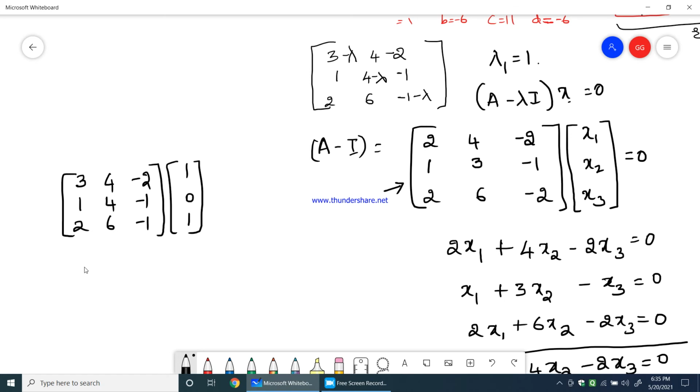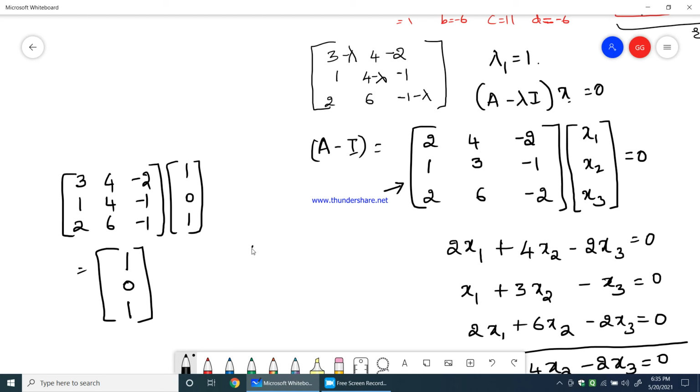We'll see what we get. 3 ones are 3 plus 4 into 0 is 0, minus 2 into 1 is minus 2, so 3 minus 2 is 1. 1 into 1 is 1 plus 4 into 0 is 0, minus 1 into 1 is minus 1, so 1 minus 1 is 0. 2 into 1 is 2, 6 into 0 is 0, minus 1 into 1 is minus 1, 2 minus 1 is 1. I get 1, 0, 1.